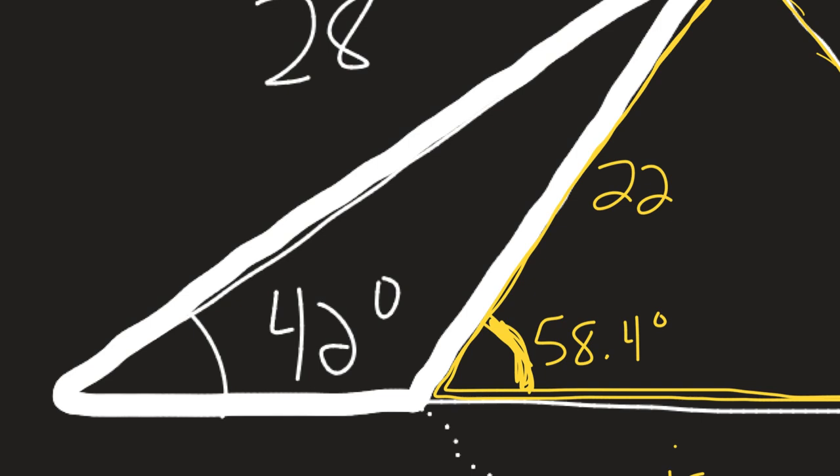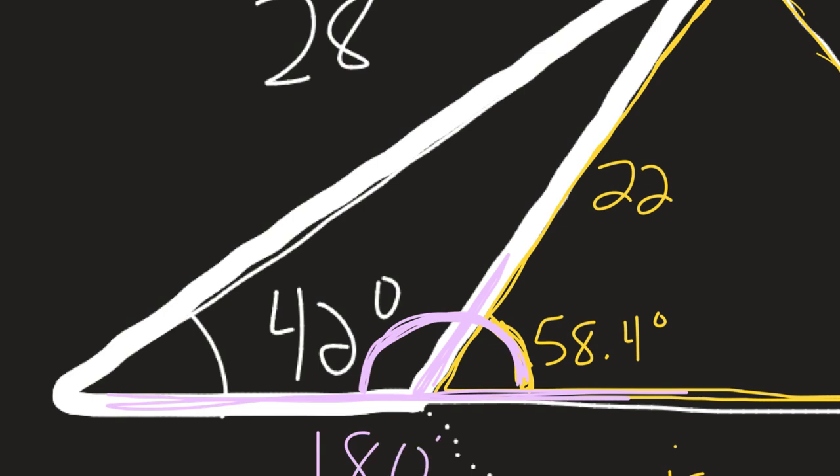Well, also back to geometry. There's a lot of geometry here, I know. This is a straight angle, a straight line, and these are a linear pair. And what does a linear pair always add up to? 180 degrees.